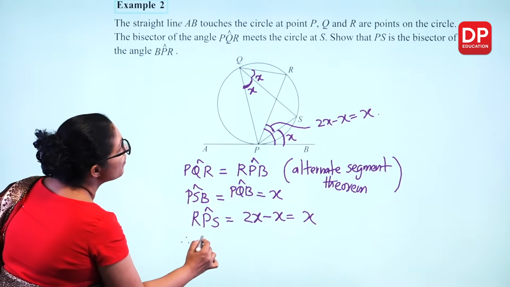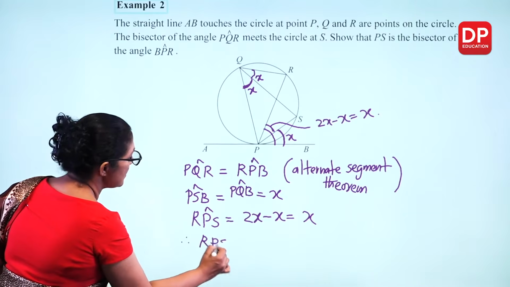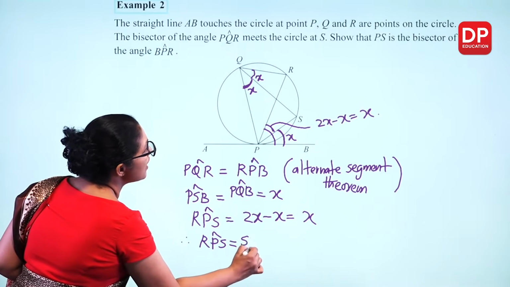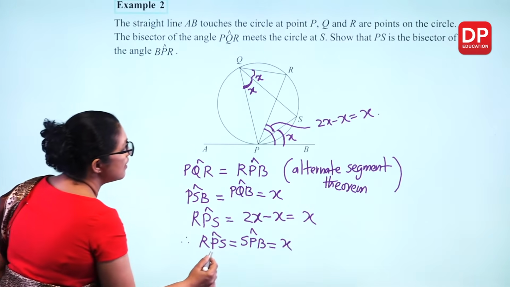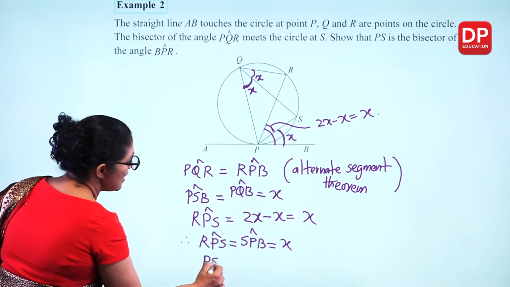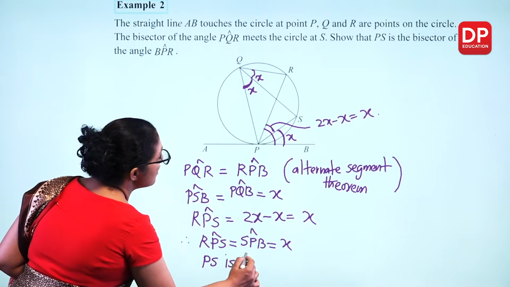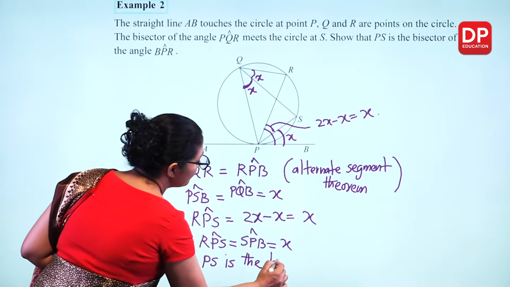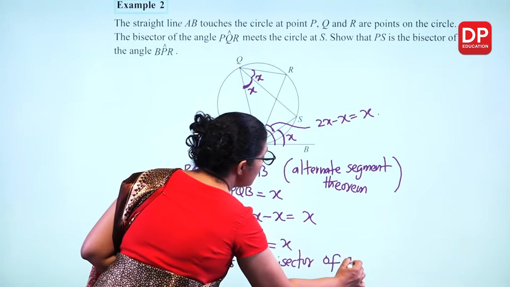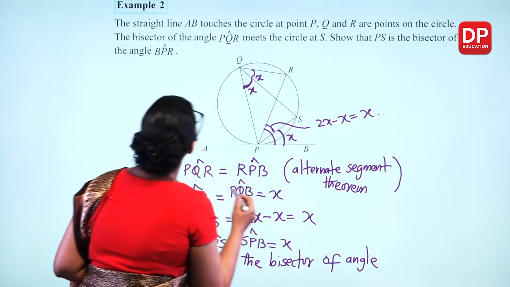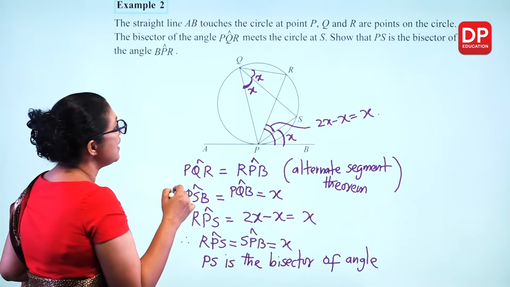So therefore we can see RPS angle is equal to SPB angle. So PS is the bisector of angle BPR.